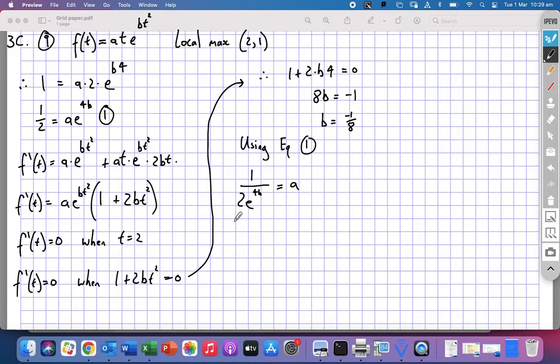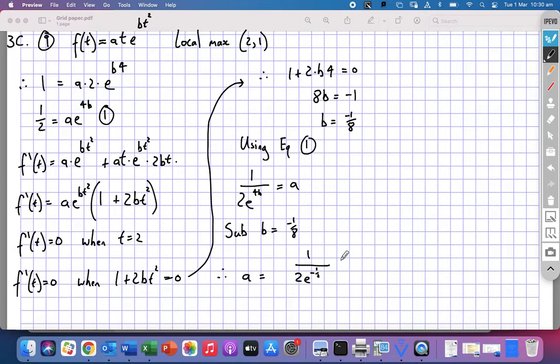Anyway, it doesn't matter. We're now going to substitute b is minus 1/8 and see where that goes. So therefore, a would equal 1 on 2 e to the power of, now let's think, what's 4 times 1/8? 4 times 1/8 is a half, and I've got my negative as well, so the power there is minus 1/2.